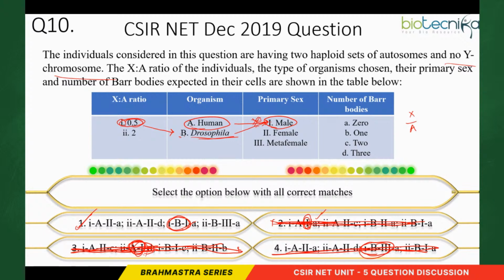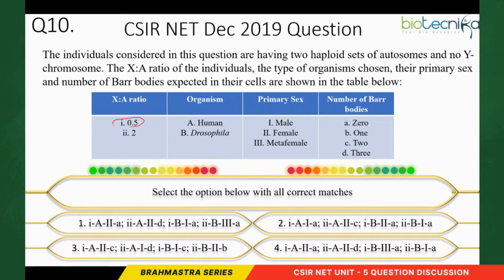So in humans, if we have the ratio 0.5, what would that mean? We know that we have no Y chromosome, and we know anyways we have two haploid sets of autosomes. Anyways, we have two autosomes if we take X by A ratio. So if we want it to be 0.5, that means only this has to be 1.